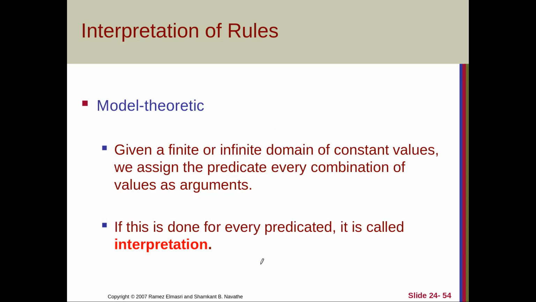Now the second type of interpretation of rules is model theoretic. In this particular interpretation, a finite or infinite domain of constant values is given, and we assign to the predicate every combination of values as arguments. So we try to match all the constants that are available with the predicates already there in the set of facts.